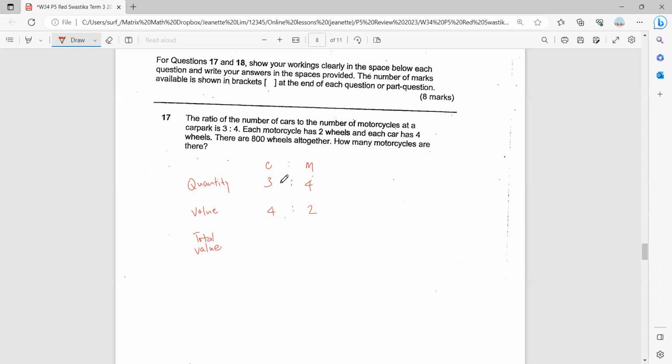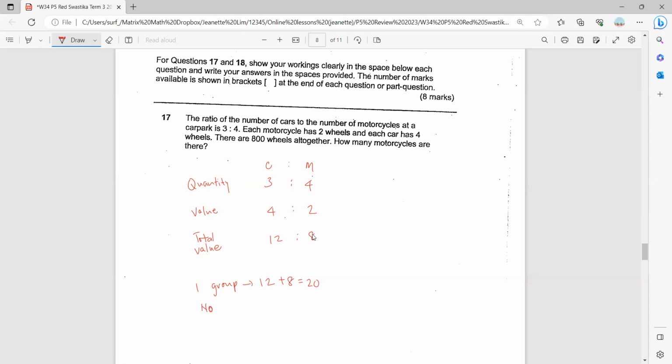Total value means if you have 3 cars, how many wheels is that? So 3 times 4. Then this is 8. Total 800 wheels. So this is our one group. One group, what's the total wheels? So one group, 12 plus 8, which is 20.